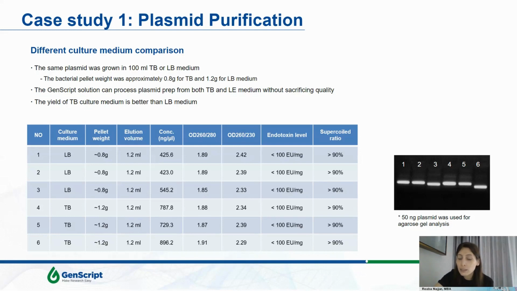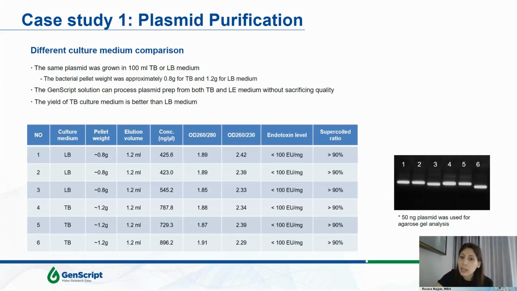So you can see in the concentration row for samples 1 through 3, we obtained approximately 400 to 500 nanograms per microliter. However, for the cultures that were grown with TB medium, we obtained 800 or a little bit more than 800. So almost double. That really speaks to the various conditions that impact your outcome for your plasmid.